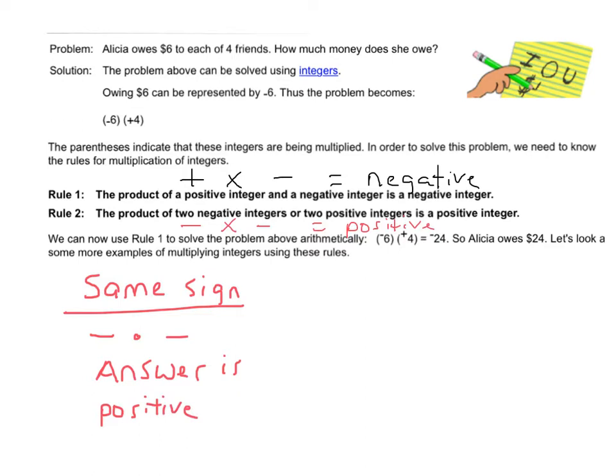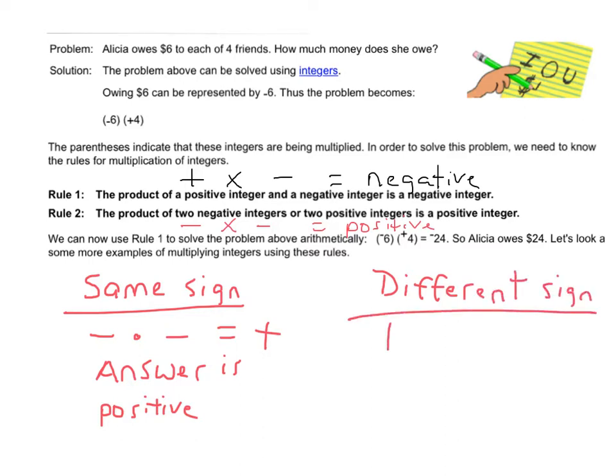Negative times a negative is equal to a positive. If you have different signs, so let's say you have a positive and a negative, then a positive times a negative gives you a negative. Sorry about that, I put something wrong there so let's erase it. Positive times a negative is equal to a negative.